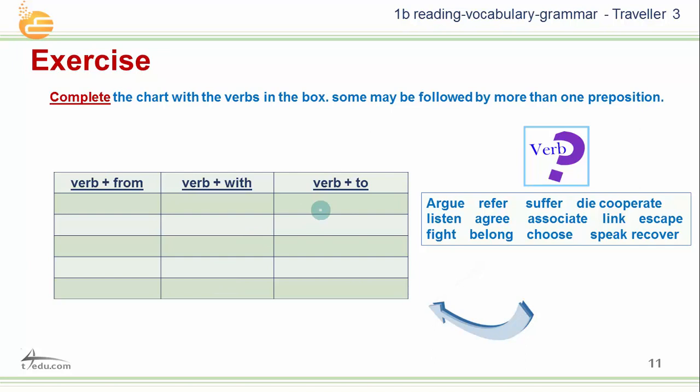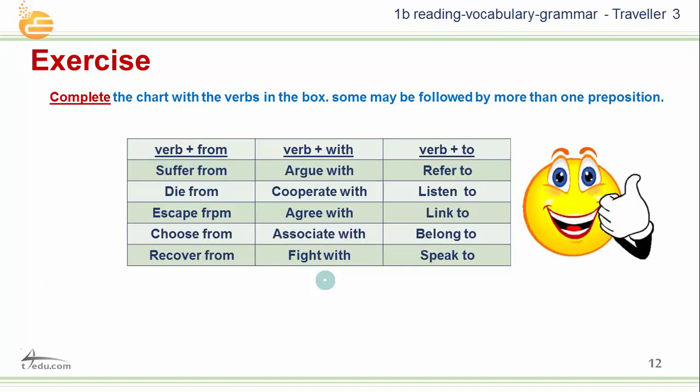And finally the rest: refer to, listen to, link to, belong to, and speak to. And here are the answers. So all these verbs go with from, with, or to, and each one of them will have a different meaning.